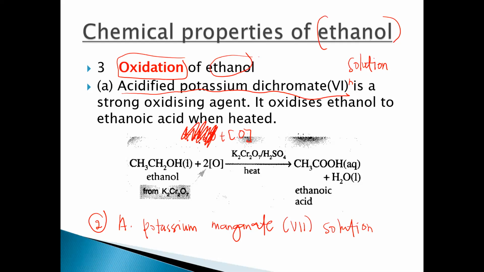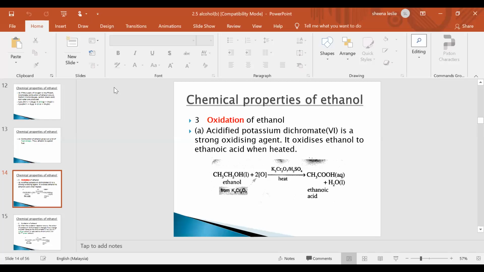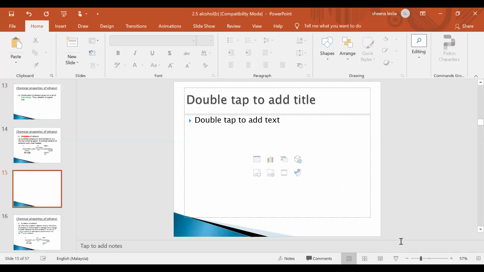Don't have. But I'm going to put 2O. So different from alkenes punya oxidation. This oxidation is different. Okay, I know some of you, teacher, I don't know what you are talking, teacher. What are you talking about? So let me show you. I am going to put in another slide so I can show you clearly.